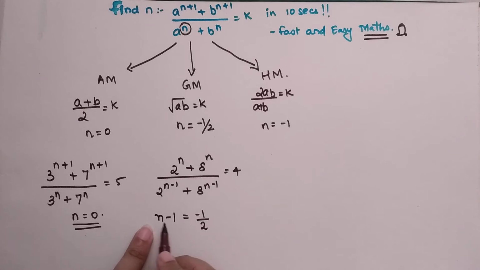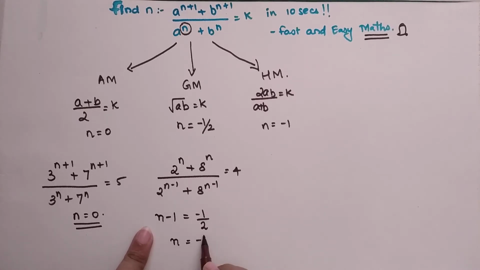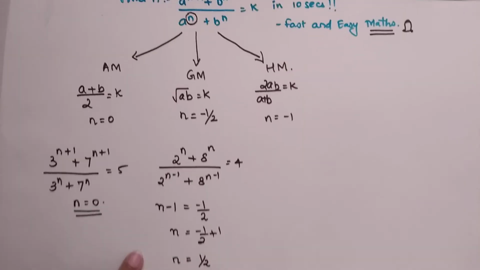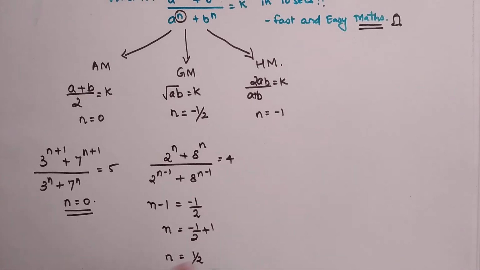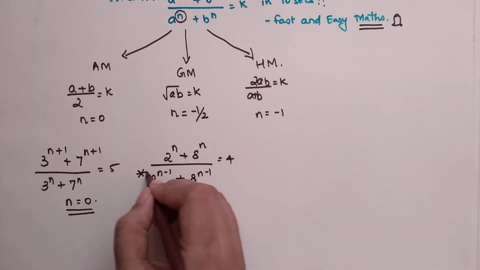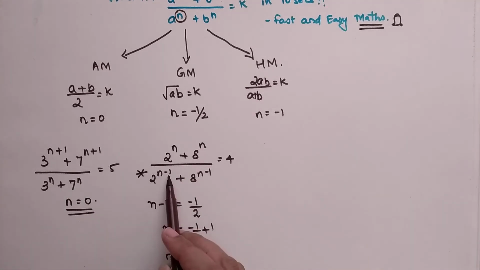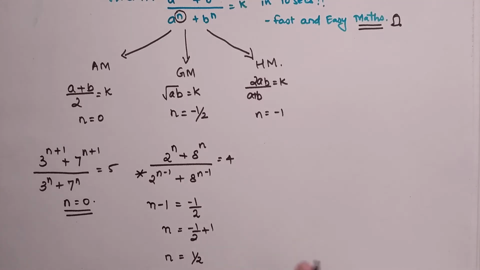So shifting this minus 1 to the other side, we get n is equal to minus half plus 1, which gets you just half. Please always remember that you will be taking the value of n which comes in the denominator.